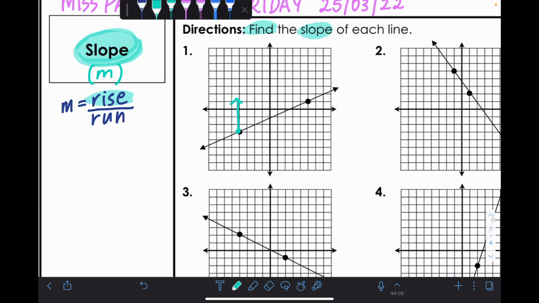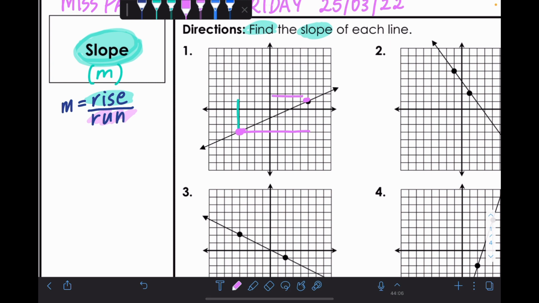We're going to check how many points we went up. And then our run will be this part here. You're going to see how many points we went across from our initial point to get to our second point.